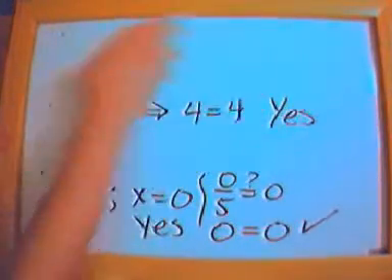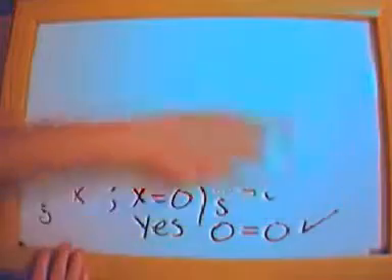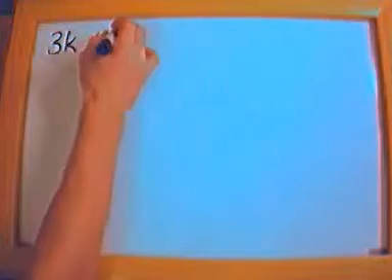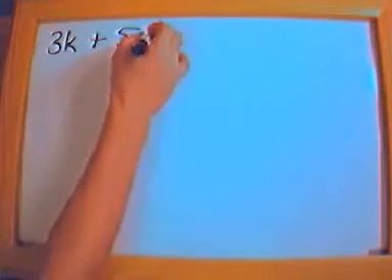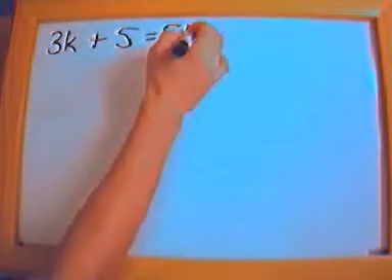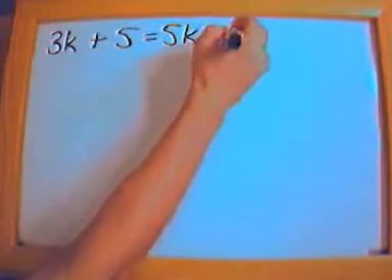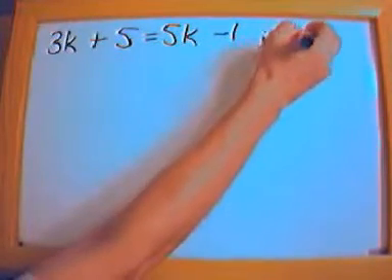Okay, let's go ahead and do one more problem of this type. Call it plug and chug, and then we'll move on and learn how to solve some of these things from scratch. Let's take a problem a little bit more complicated. 3k plus 5 equals 5k minus 1. k is equal to 3.